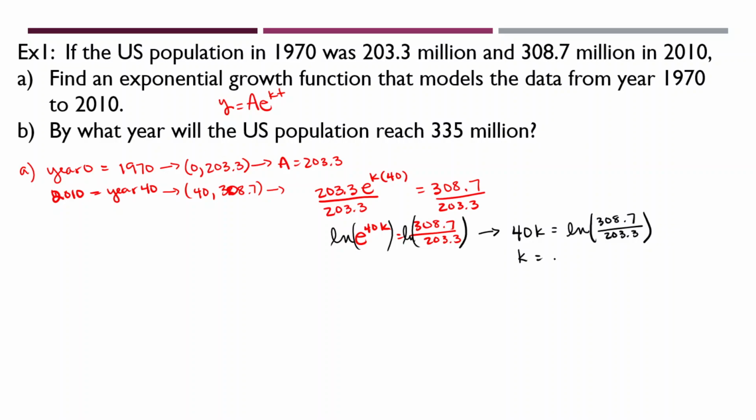So k will be this log divided by 40. So my exponential function is 203.3 e to the natural log divided by 40 times t.